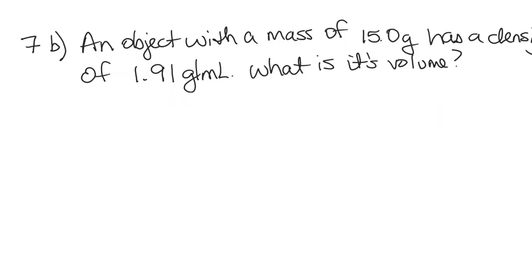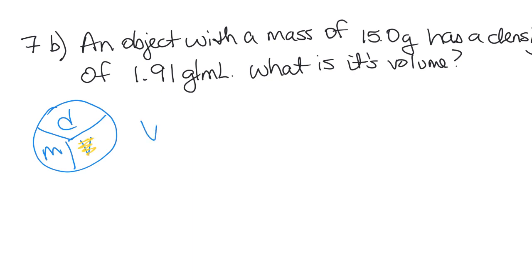Okay, the last one: an object with a mass of 15.0 grams has a density of 1.91 grams per mL. What is its volume? So we're going to do our little upside down P sign: mass, density, volume. This time we're looking for volume.